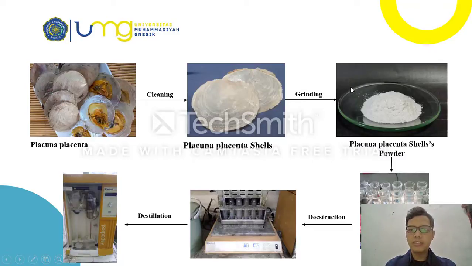Next we are grinding, and the solid shells, after grinding, become powder. Next we do the isolation, and we take many samples, and the next step is the extraction of the crude protein. Next we do distillation.